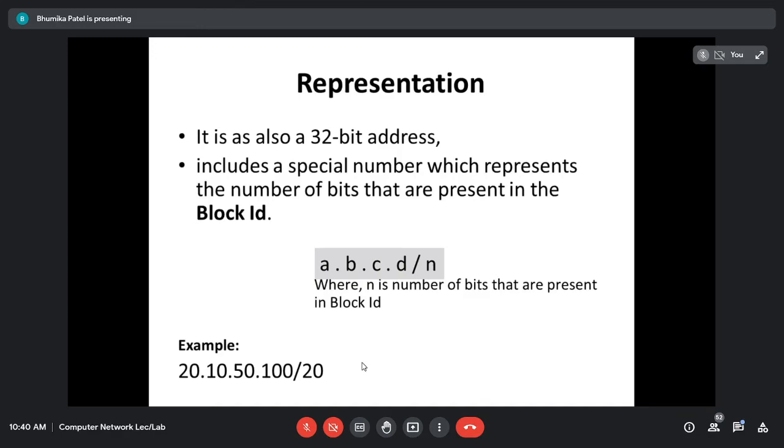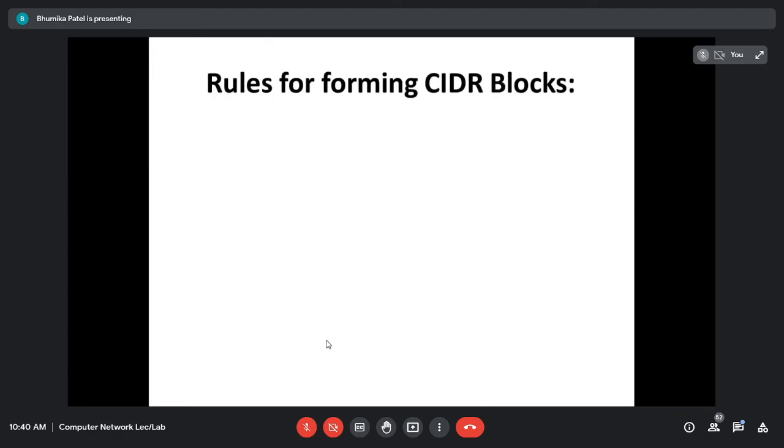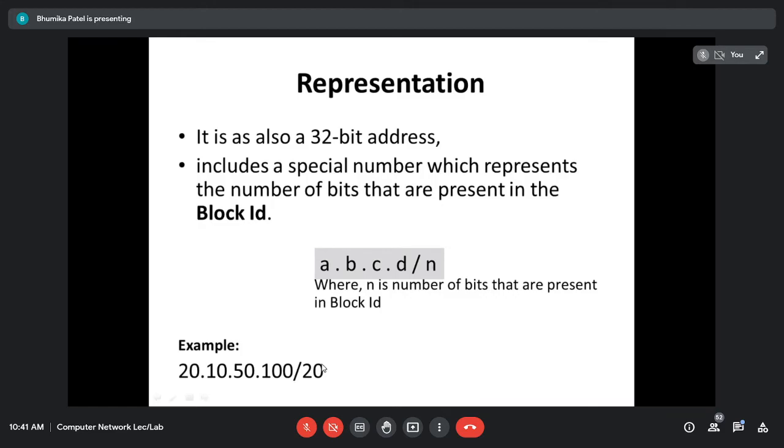How many bits are given for the block ID? 20. 20, right? So here number of bits in the block ID is 20, and as we know IP address is made up of the total 32 bits. So how many bits will be there in the host ID? Block ID has 20, so how many will be in the host ID? 32 minus 20. Does everyone understand?